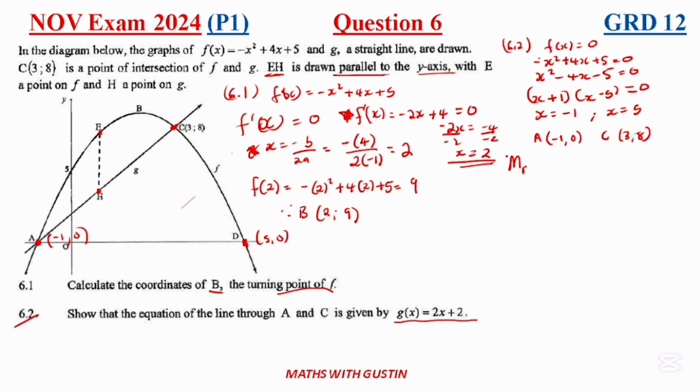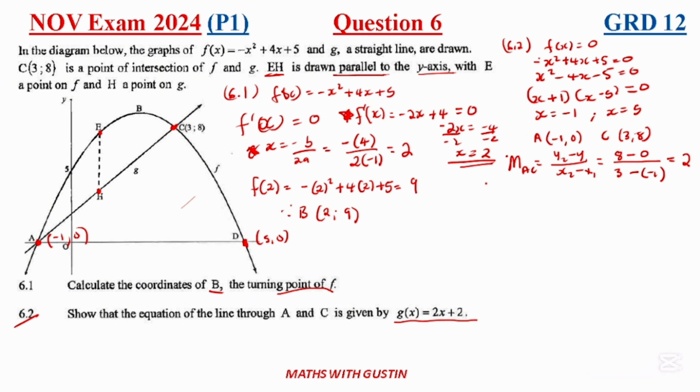You can now use the gradient m of AC is equal to y2 minus y1 over x2 minus x1. Then we substitute: y2 is 8 minus y1, which is 0, over 3 minus minus 1. Therefore, this is going to give us plus 4. Therefore, our answer here will be 2.